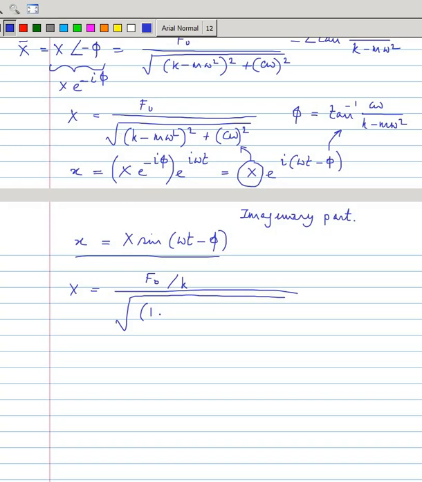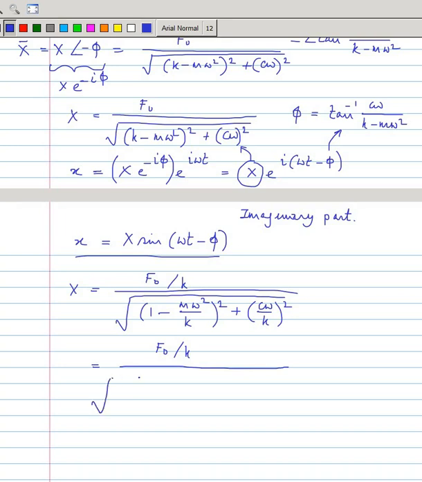So k minus m omega square by k whole square plus c omega by k whole square. So this is F naught by k.